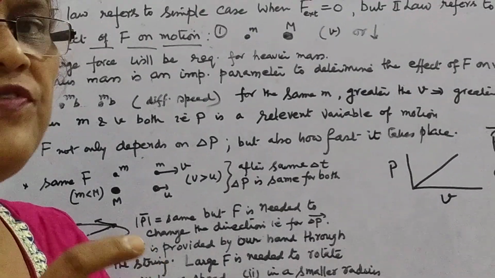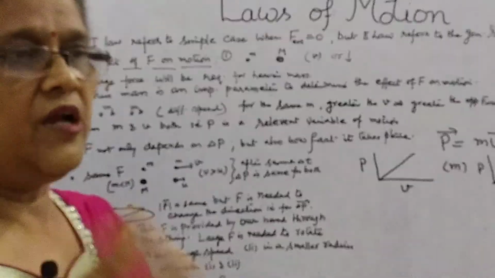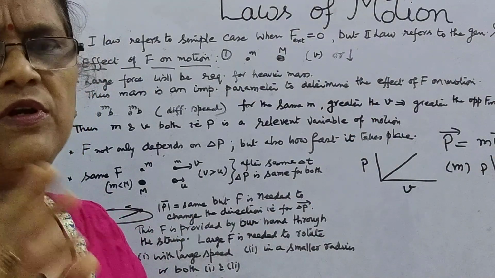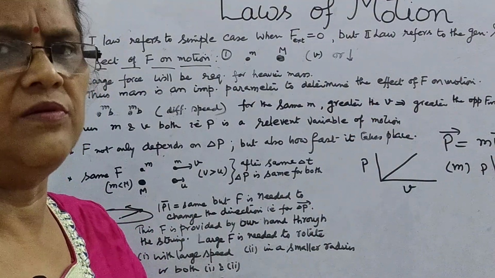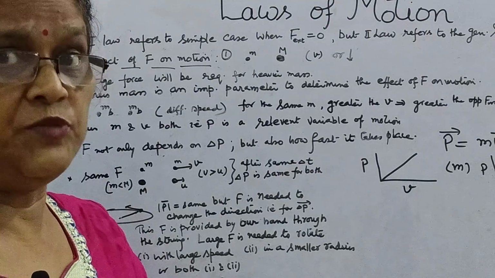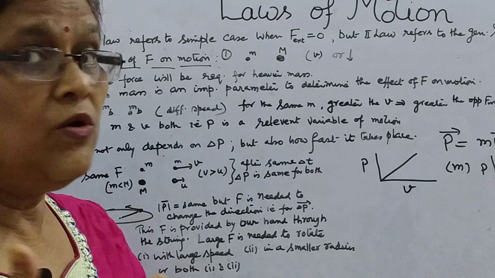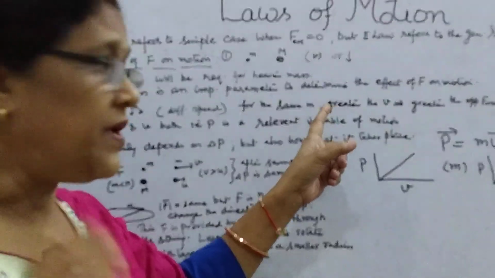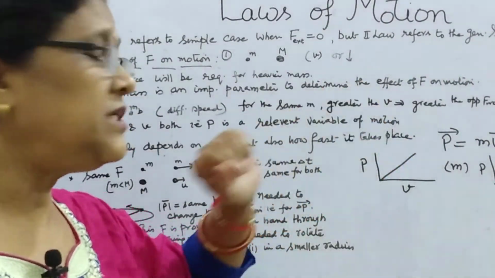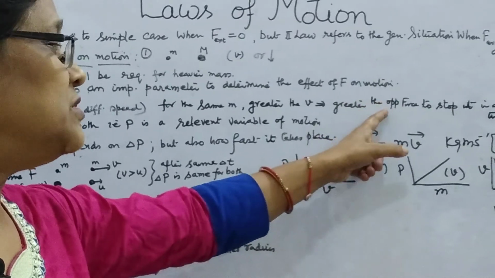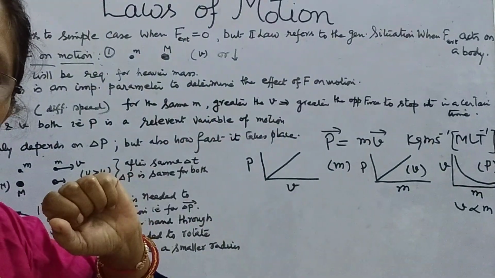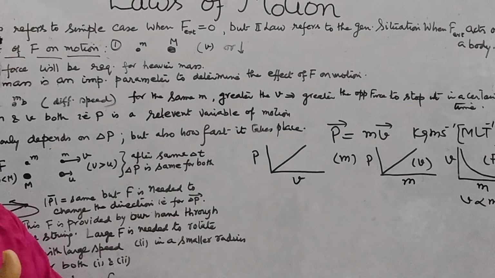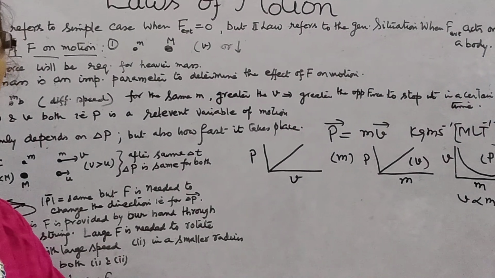Suppose a bullet is fired, and the same bullet is thrown by hand, so its velocity is very less compared to the muzzle speed, the speed with which the bullet is fired. What do you observe here? For the same mass, the greater the velocity, the greater the opposing force needed to stop it. A bullet pierces a large distance in a target when it is fired from the gun.